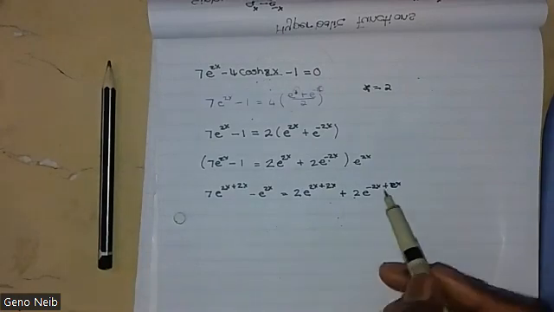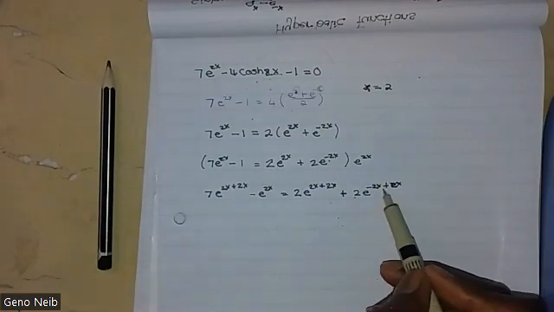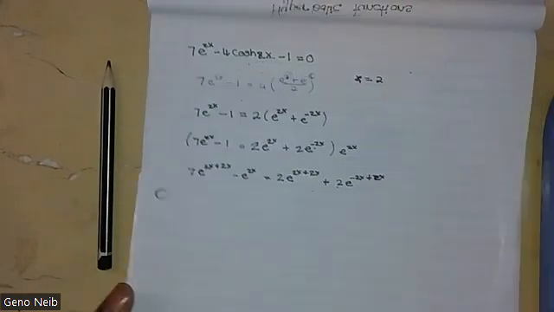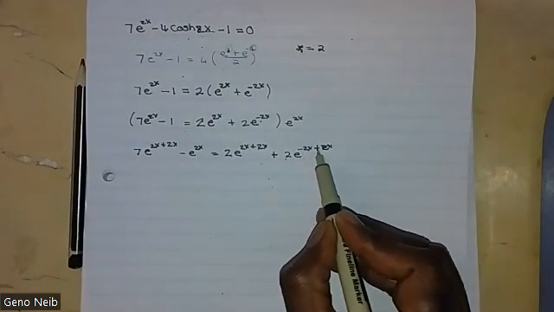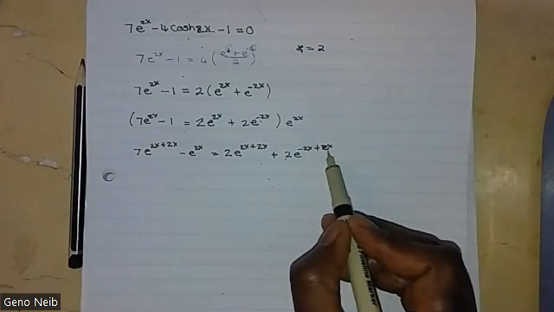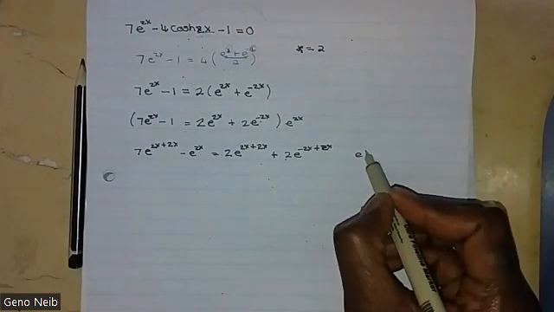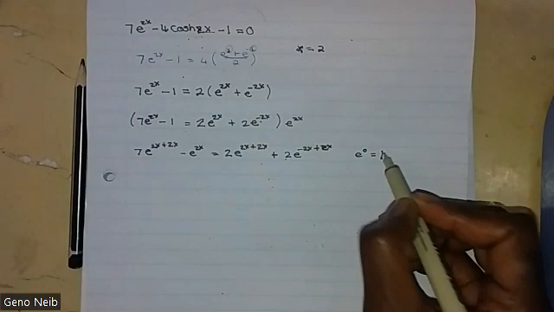Okay, and from here, you see that 2x minus 2x, negative 2x plus 2x will be e to the 0, which equals 1.